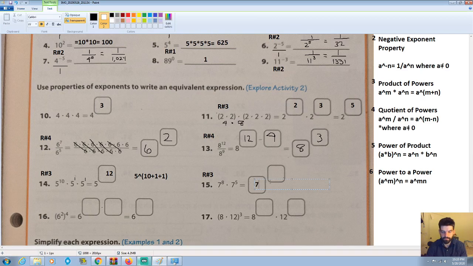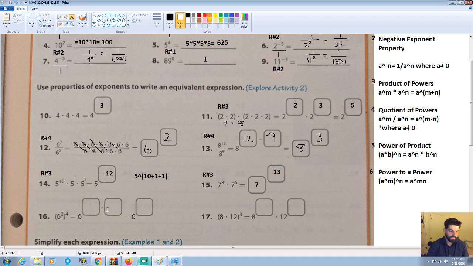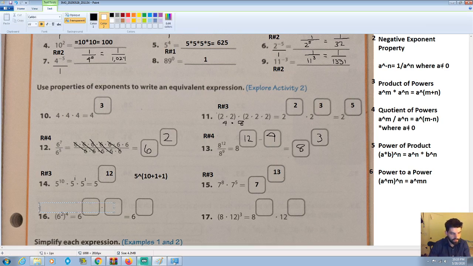So that's one thing that's also really important. We never want to change the base with these laws of exponents here. So this is going to be 7 to the 8 plus 5 power, which is going to be 7 to the 13th power.